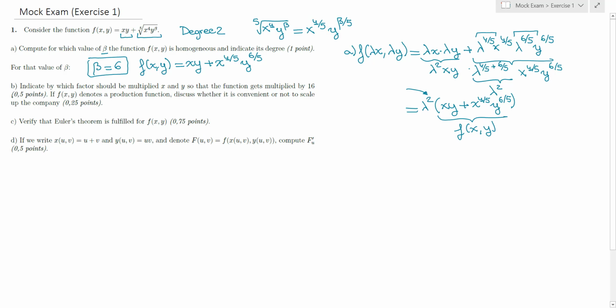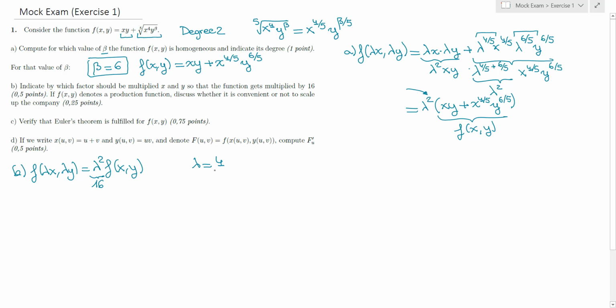Fine. Now we must indicate by which factors we should multiply x and y, so which is the value of this lambda, so that the function gets multiplied by 16. So you see, we have that f of lambda x, lambda y is equal to lambda squared f of x and y, and this means that lambda squared should be 16, because this is the factor by which the function is multiplied, and this implies, of course, that lambda should be 4.